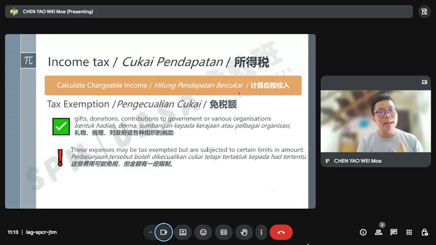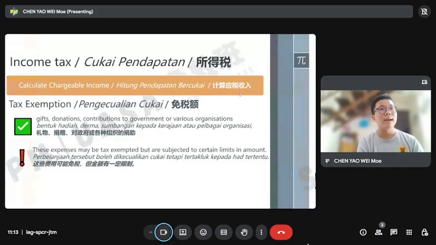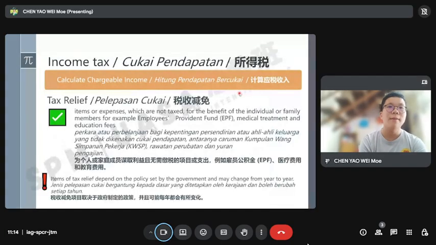Okay, and then the total annual income, after subtracting the tax exemption, can also be subtracted by tax relief, pelepasan cukai. Items or expenses which are not taxed for the benefit of the individual or family members, like EPF, medical treatment, education fees.